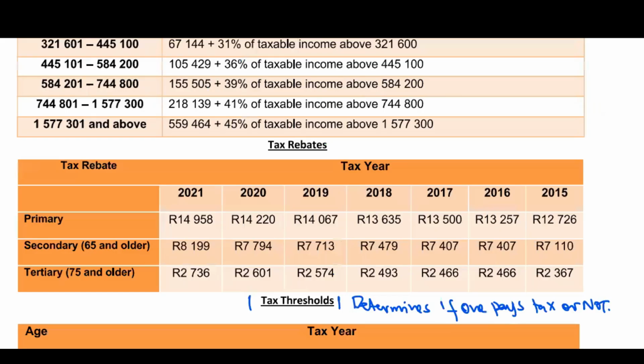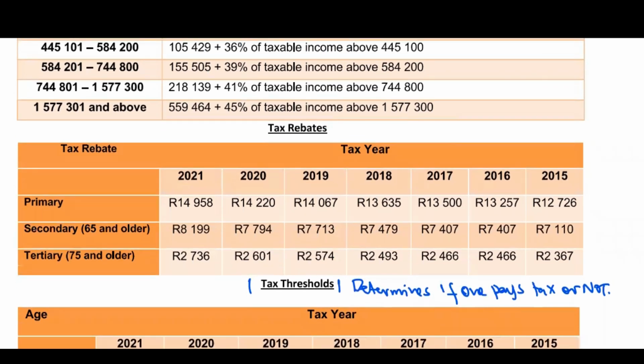And I think we need to know, when we look at these tables, we've seen the rebate. A rebate, what is this? A tax relief given by the government. What does it do? It reduces the tax one would have paid. Tax rebates and medical tax credits reduce the tax one would have paid.